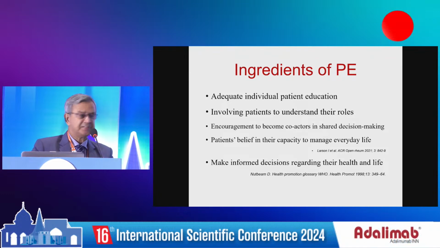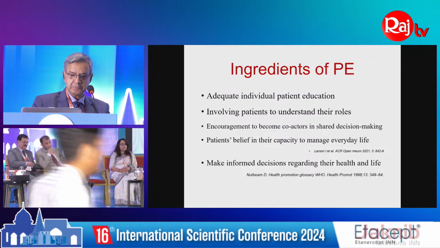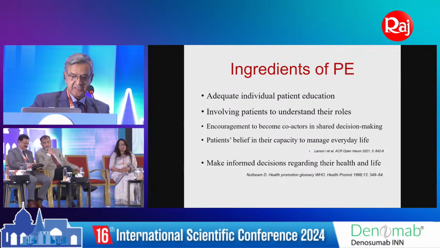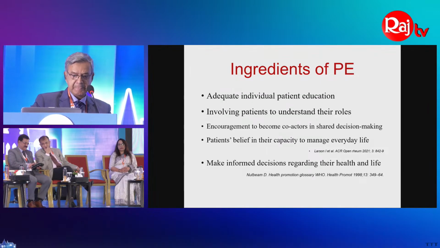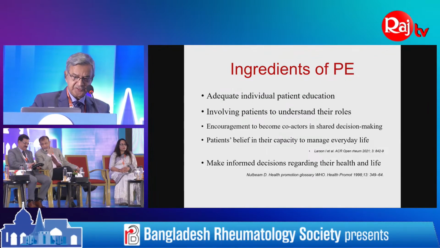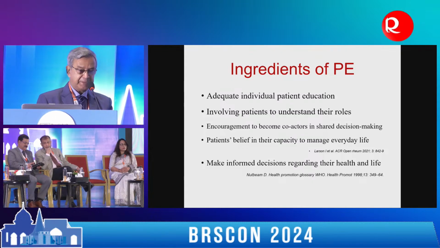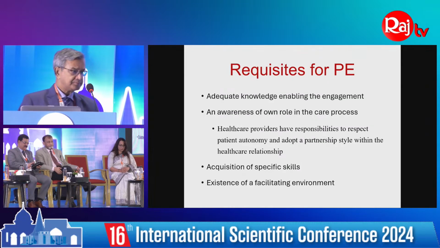One is adequate individual patient education, involving the patients to understand their roles in the management of their disease, encouraging them to become co-actors in shared decision making, to modulate patients' belief in their capacity to manage their everyday life, and make informed decisions regarding their health and life.